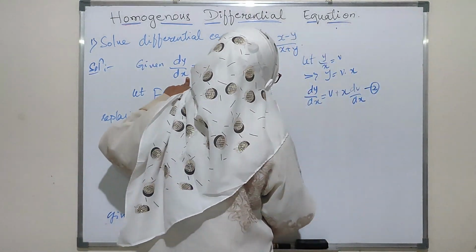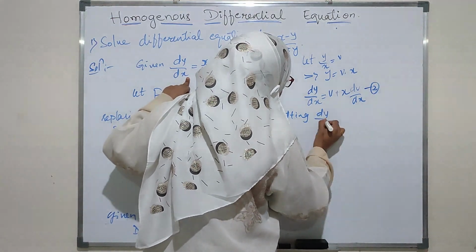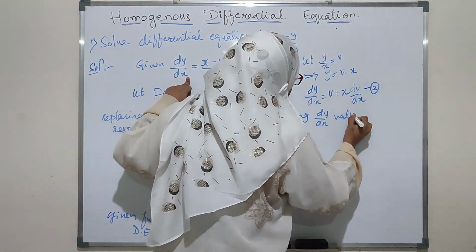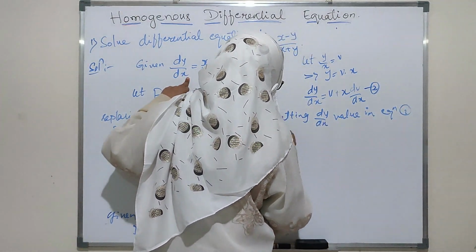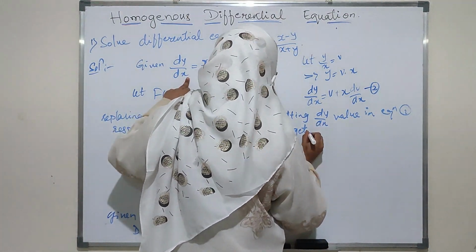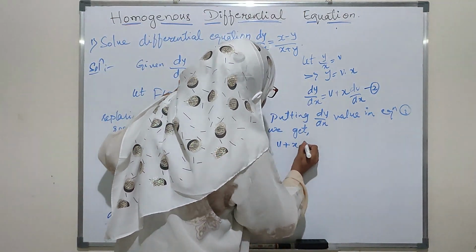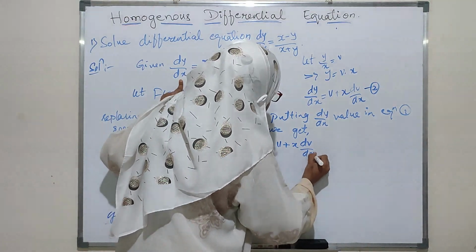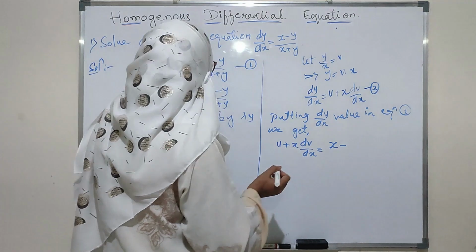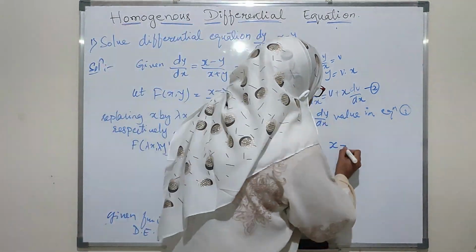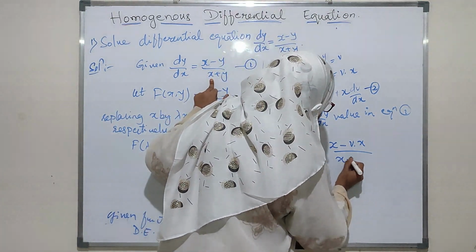Putting the dy by dx value in equation 1, we get v plus x dv by dx is equal to x minus vx divided by x plus vx.